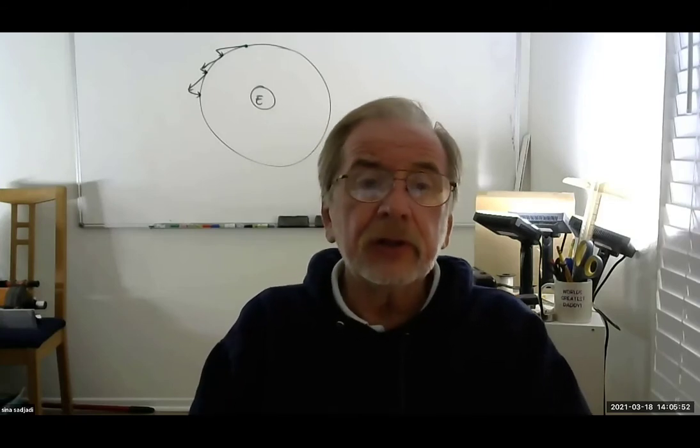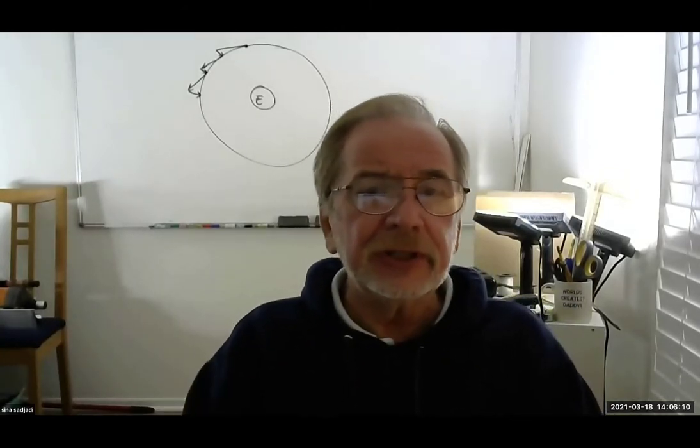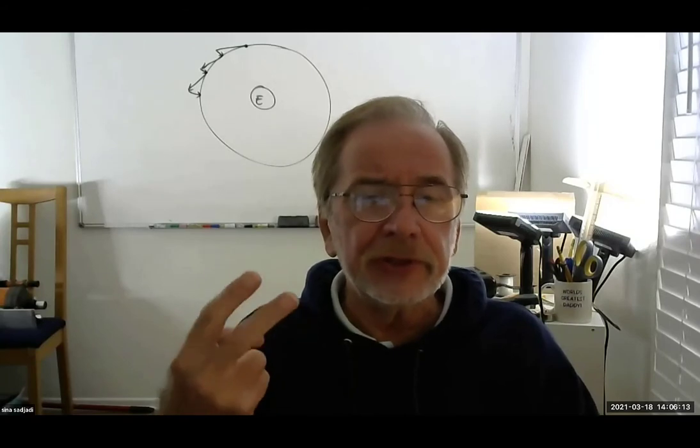So, question. A refracting telescope. How many lenses are required to make a minimum visual refracting telescope? 2. 2, that's right. What kind of lenses do you need? What are those lenses called if you need 2 lenses?